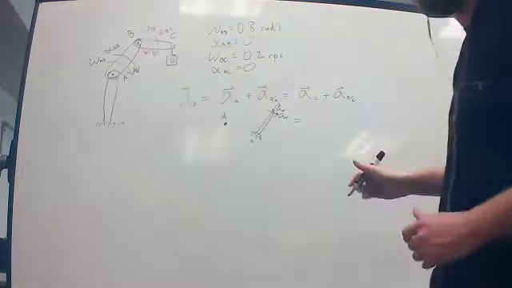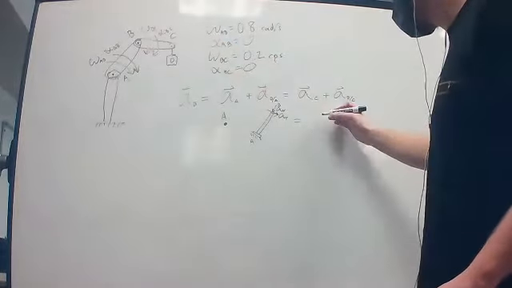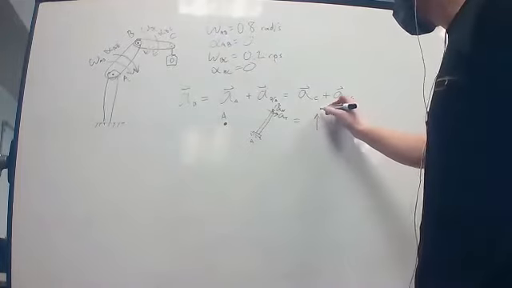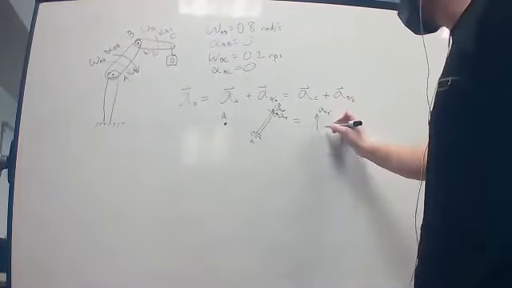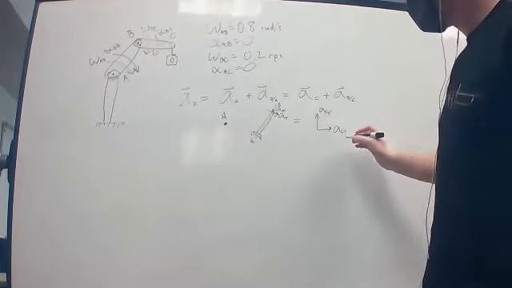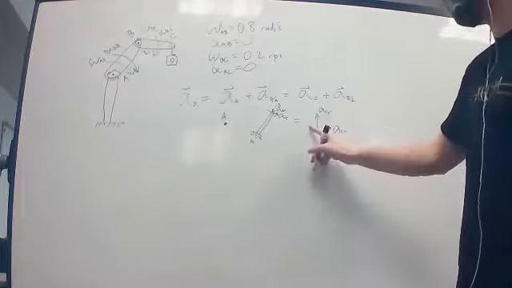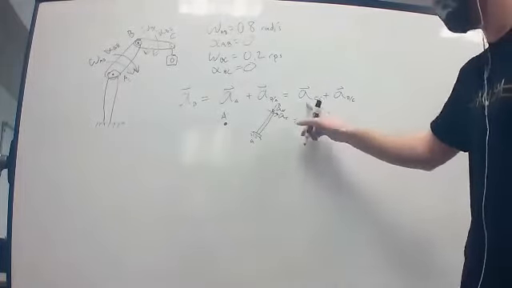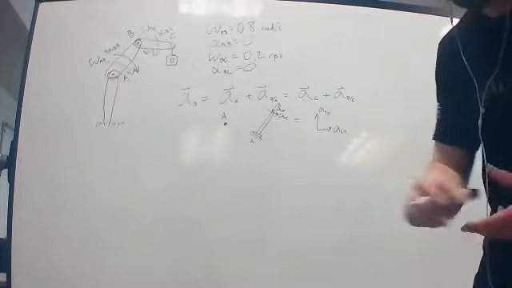So what we can do is we can represent this as ACY and ACX. So all this is stating is a Y component and an X component for the unknown acceleration AC.